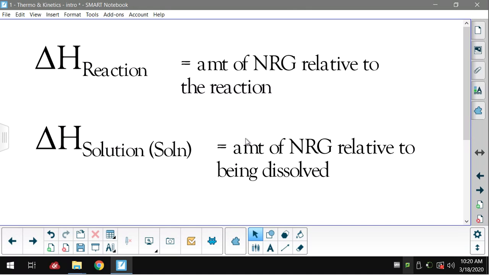And the top one is the enthalpy of a reaction. If you talk about an instant hot pack, the little hot hands, when you open that up, it starts to react with oxygen in the air, and that's why it gets hot. That's the enthalpy of reaction. The bottom one is the enthalpy of solution. Those are two terms that are found on table I.